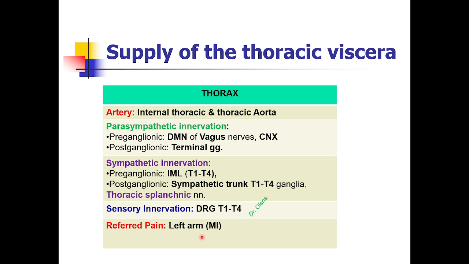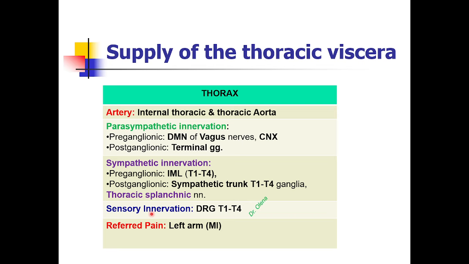Each internal organ has 3: sympathetic, parasympathetic, sensory. Parasympathetic from the dorsal motor nucleus of vagus, cranial nerve number 10, through the terminal ganglia. Sympathetic from IML T1 to T4 lateral horn through the sympathetic trunk ganglia. And don't forget that thoracic splanchnic nerves, that's a special name of postganglionic sympathetic.